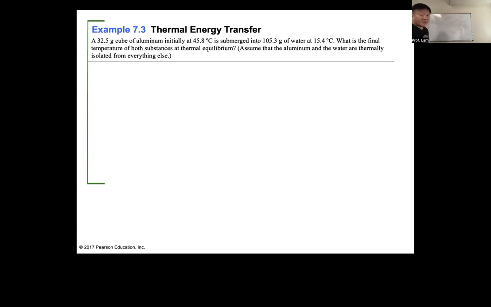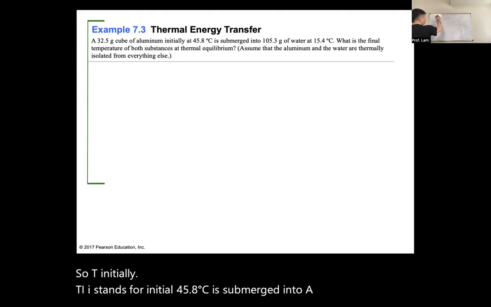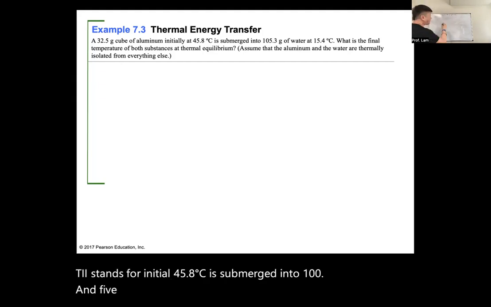We have a 32.5 gram cube. Initially, so T initial, TI, I stands for initial, 45.8 degrees Celsius, is submerged into 105.3 grams of water.